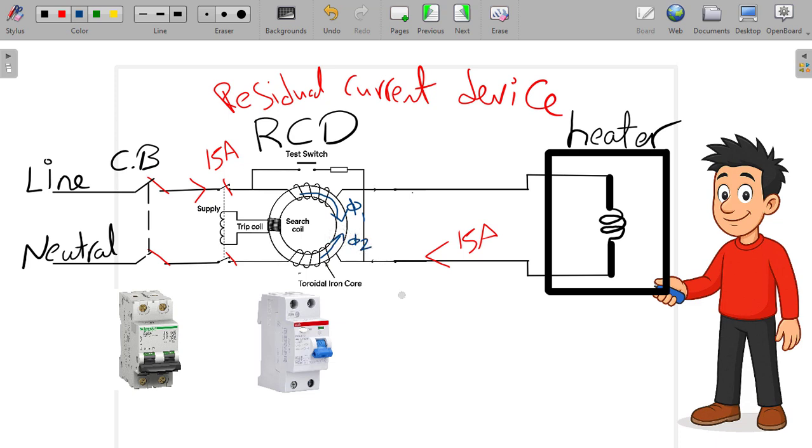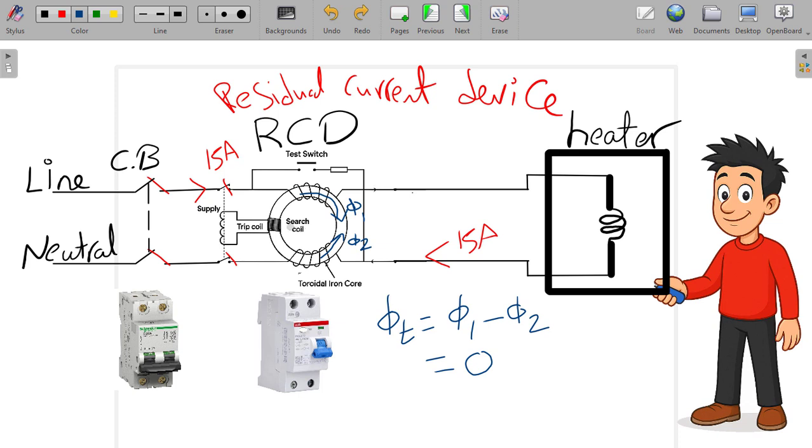So now we have two amounts of fluxes, phi 1 and phi 2. So phi total is equal to what? Phi 1 minus phi 2. Here, as you can see, phi 1 is equal to phi 2. So this phi total is equal to 0. There is no flux, no magnetic field here.